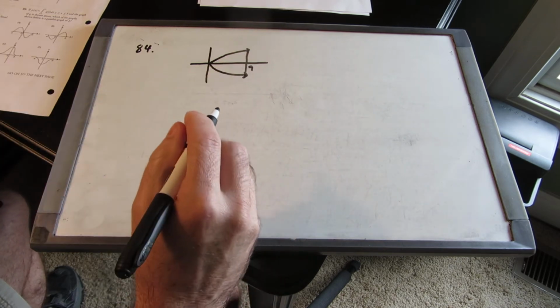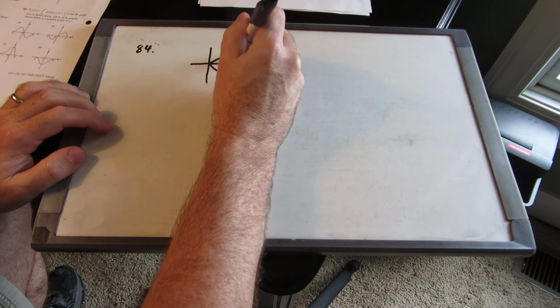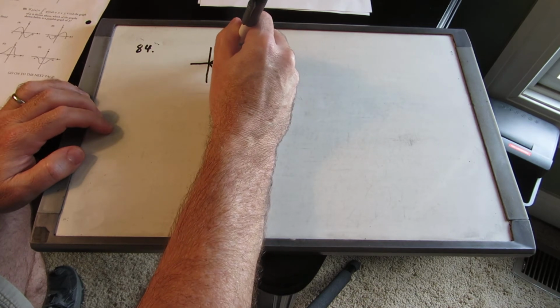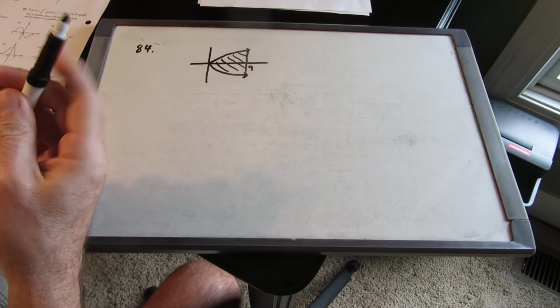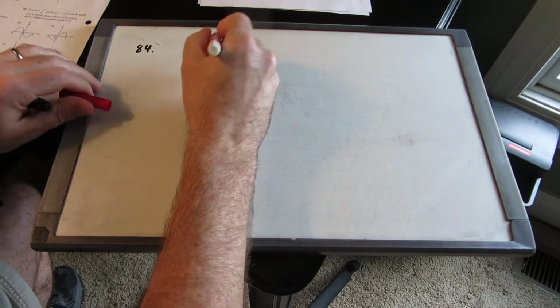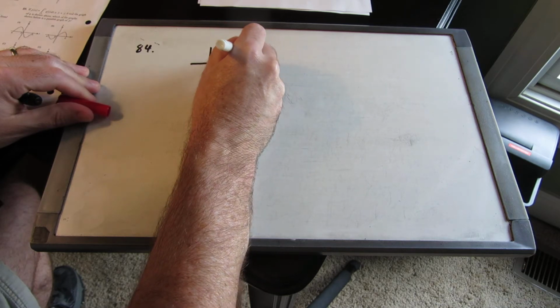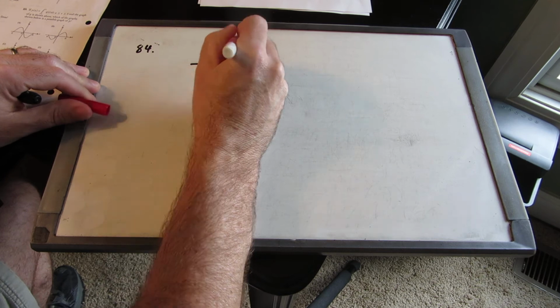So that's at 9. We're revolving this thing about the y-axis. Now I'm not going to draw the symmetric side. We can get our outer and inner radius without doing that, but if you want, you could draw a representative half a disc, or half a washer in this case.